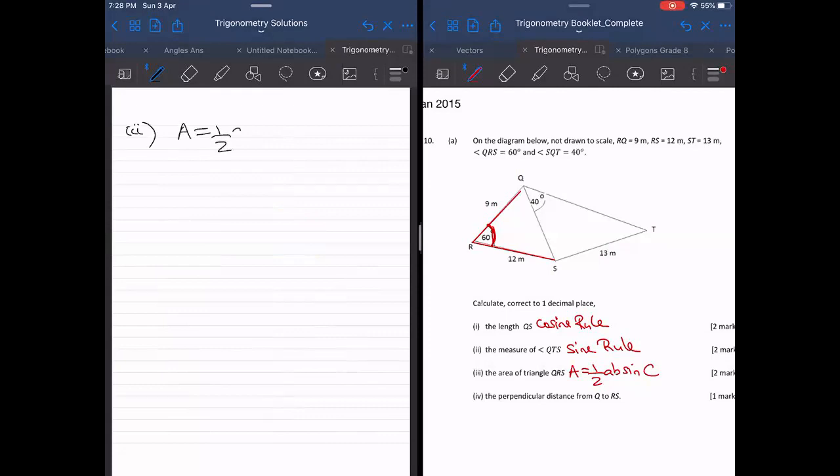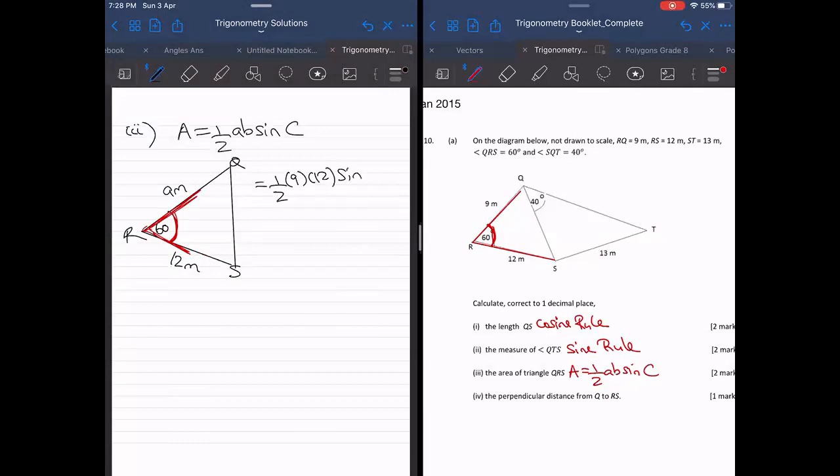And here is a half AB sine C. Okay, so it should be a half times 9 times 12, or 12 times 9, whichever one you prefer.